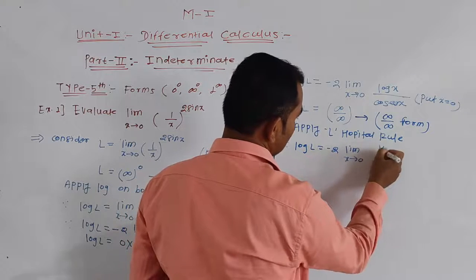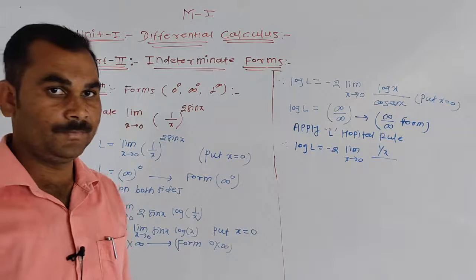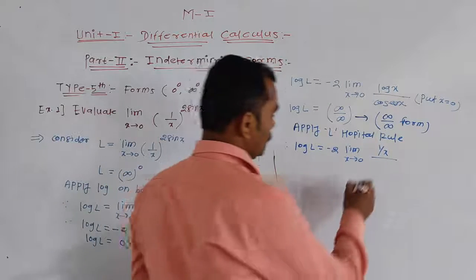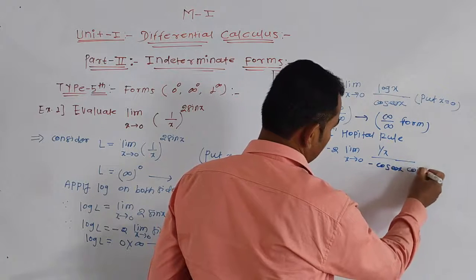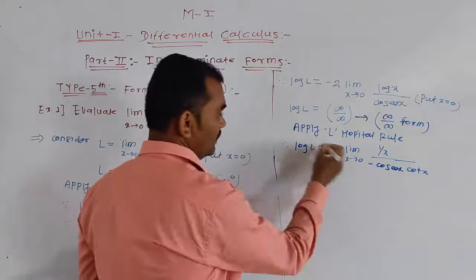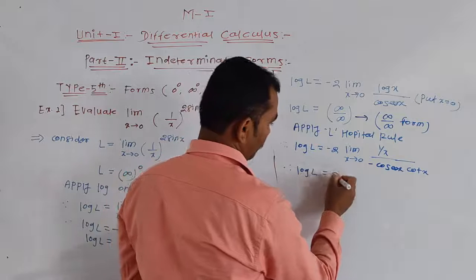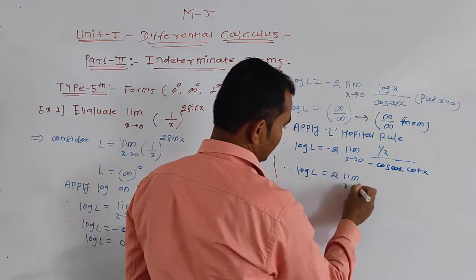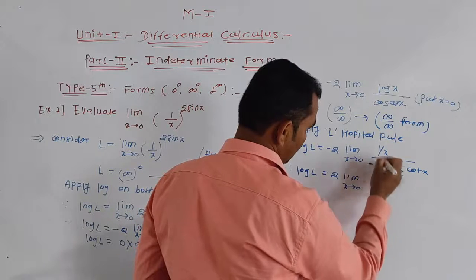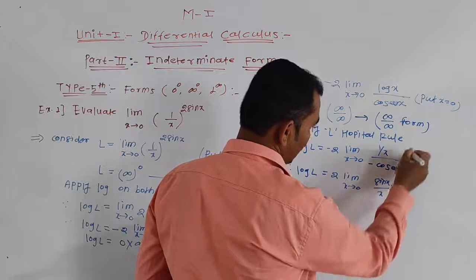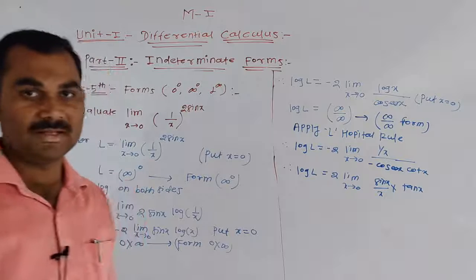Derivative of log x is 1 by x, and whole divided by derivative of cosec x, this is minus cosec x into cot x. Correct. Now write this, minus into minus will be plus. Limit x tends to 0. This cosec goes to sin x. This 1 by x goes to x, into 1 by cot goes to tan x. Okay.